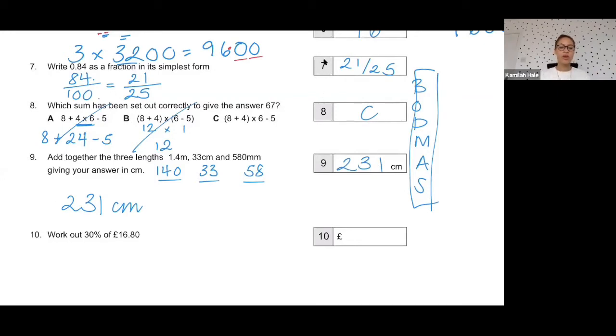Okay, work out 30% of £16.80. I'll work it out on the board. You can pause at home if you don't want to see the explanation, or you can just ignore it until you've worked it out.